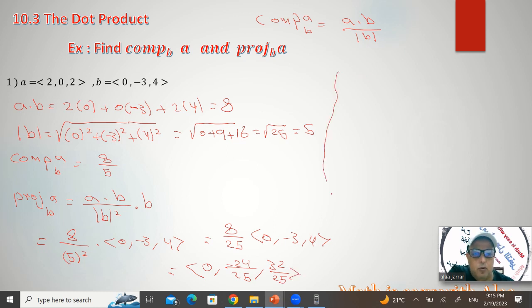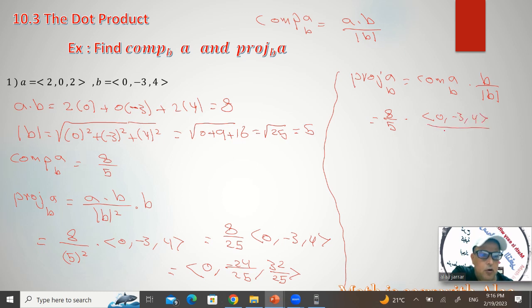And in the same way, if you want to find it, use the component. The projection of A onto B equals the component of A along B times the unit vector of B. So the component we found is 8 over 5, times B, 0, negative 3, and 4, over the magnitude of B, which is 5.